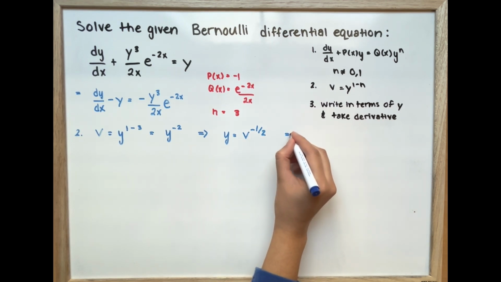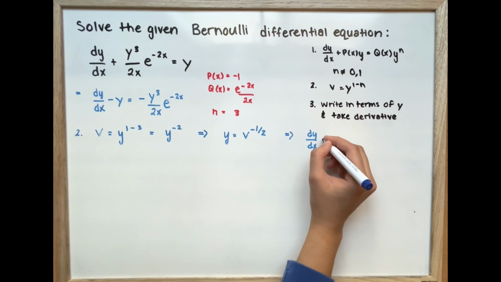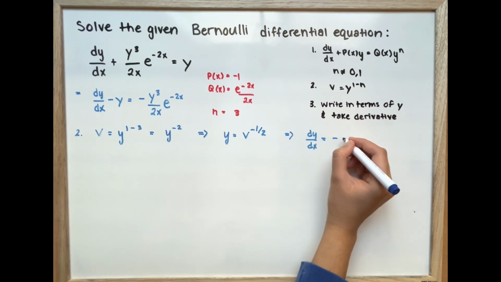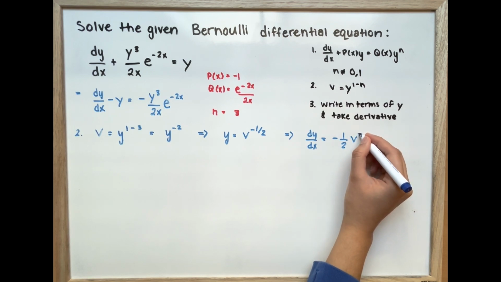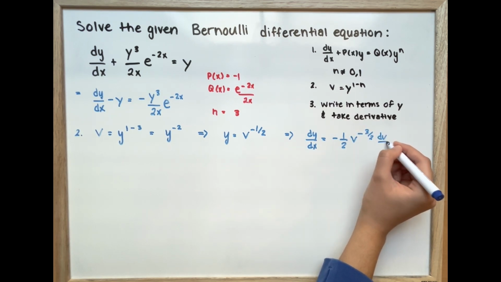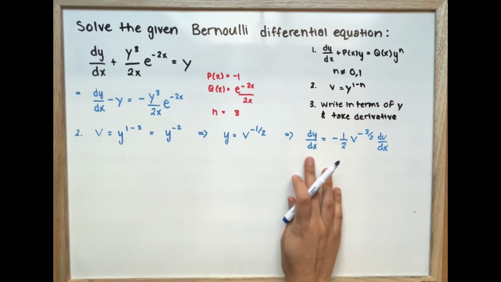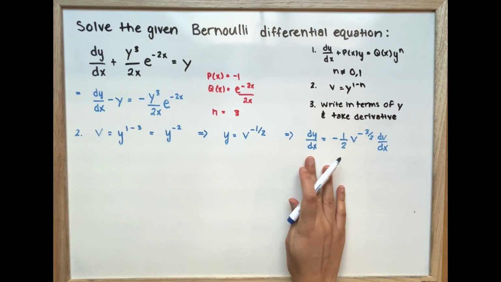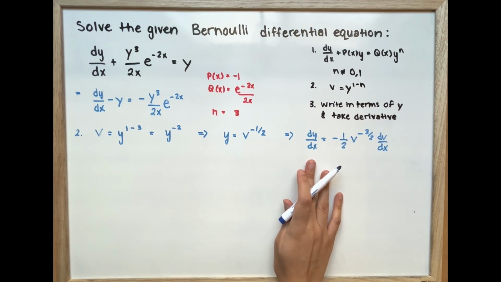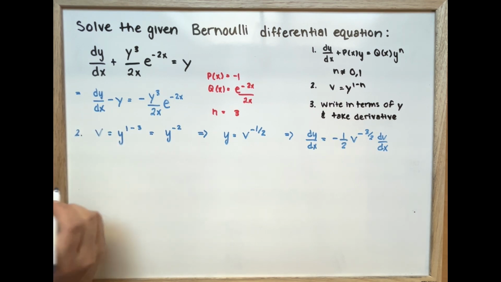And next we're going to take the derivative. So we're going to get dy over dx is equal to negative 1 over 2 v to the power of negative 3 over 2 dv over dx. So next we're going to take this equation, which is dy over dx, and substitute it into our dy over dx over here.